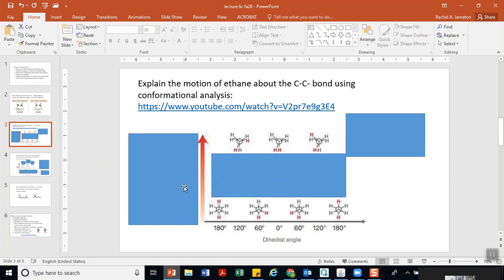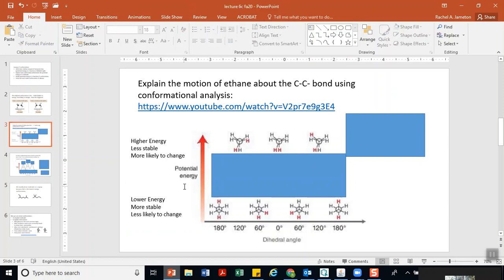And one of the things to think about when we think about energy is what high energy is and what lower energy is. Things that are high energy are not as stable, more likely to change, where you don't want to stay in a high energy conformation or position for very long. It's like climbing up on top of a ladder. You don't want to stay there for very long.